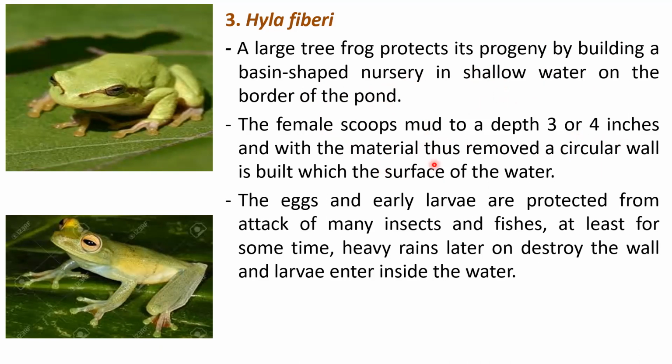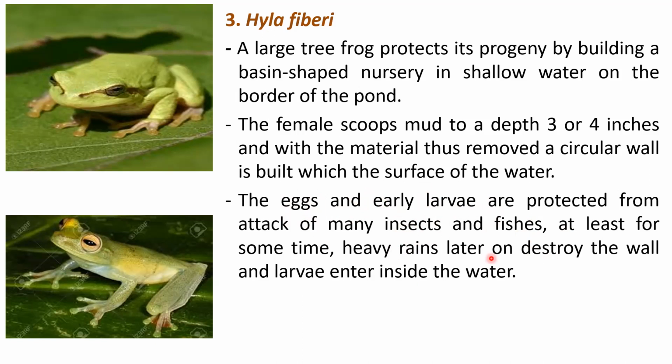They prepare it, and that circular form nest is built in that region, and the eggs are laid by the female in that water body, in that particular scooped type of nest built by the female. And it is noted that there is protection of the eggs. The eggs are protected in that particular nest from fishes or any insects.